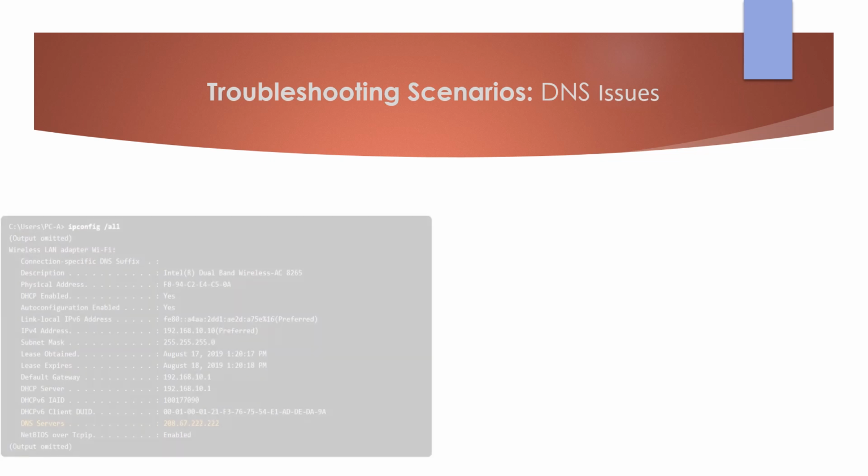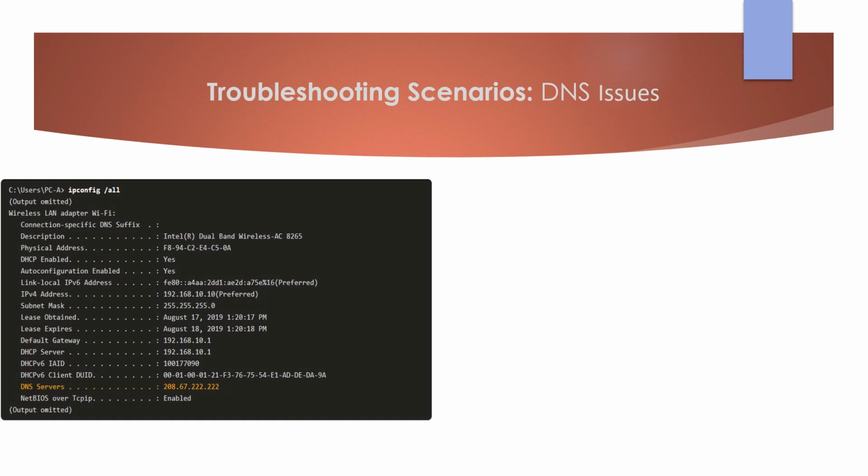By using the ipconfig /all command, you will be able to verify which DNS server is used by the Windows computer. The nslookup command is another useful DNS troubleshooting tool for computers, where the user can manually place a DNS query and analyze the DNS response.